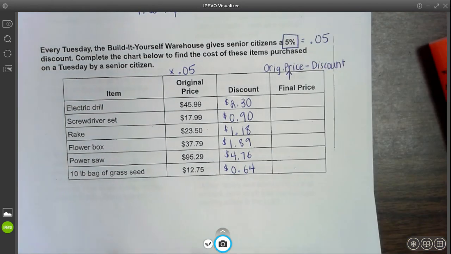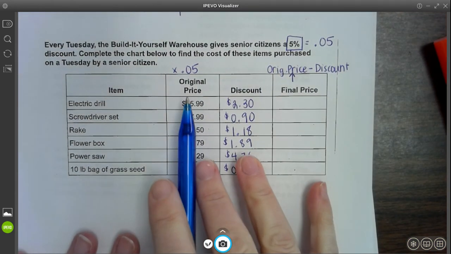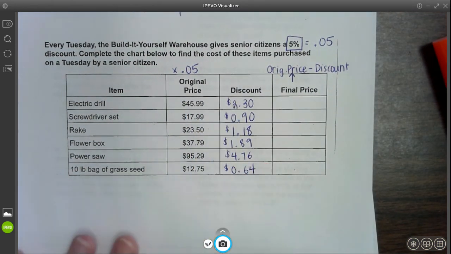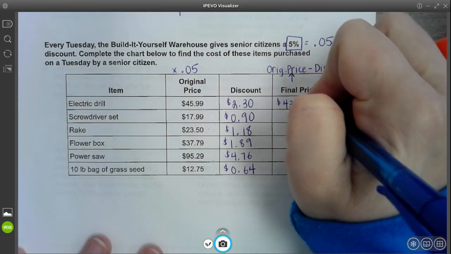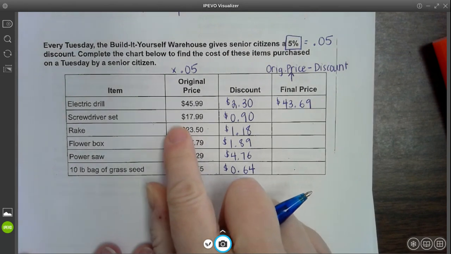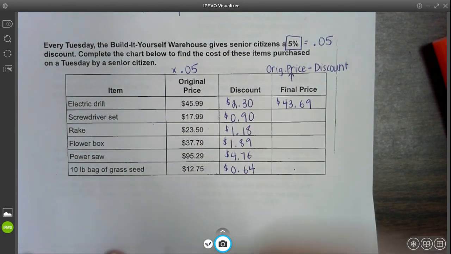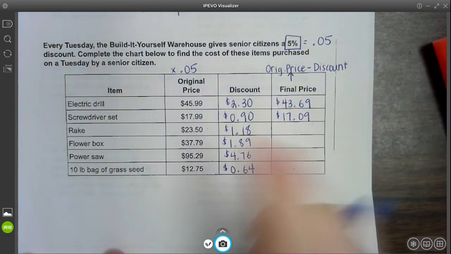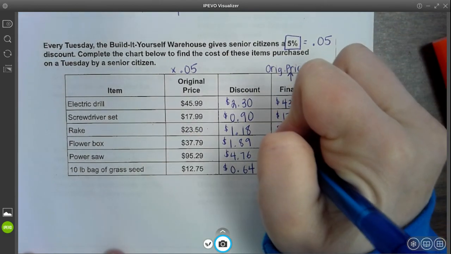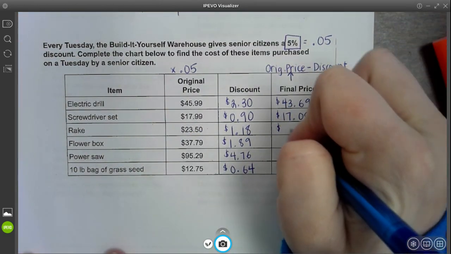Okay, I'm not going to show all of these on Desmos. If I were to take $45.99 minus $2.30, our final price would be $43.69. $17.99 minus 90 cents is $17.09. $23.50 minus $1.18 is $22.32.